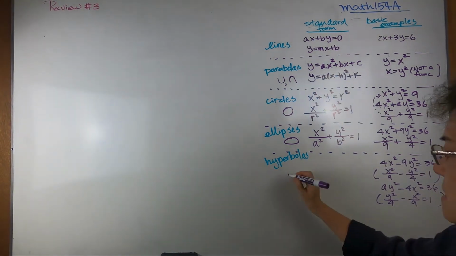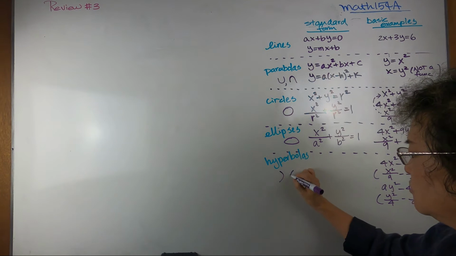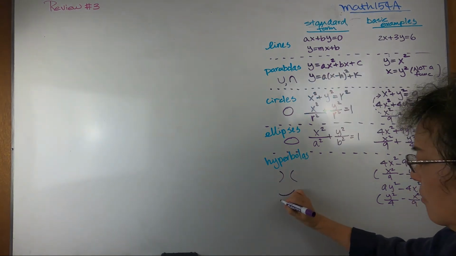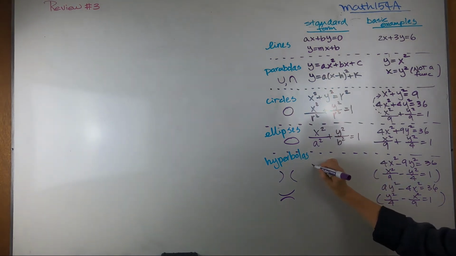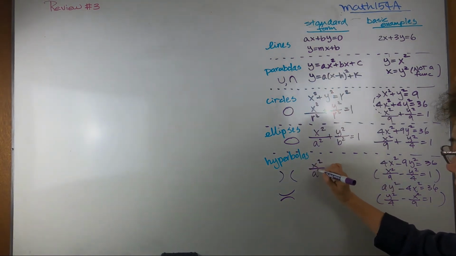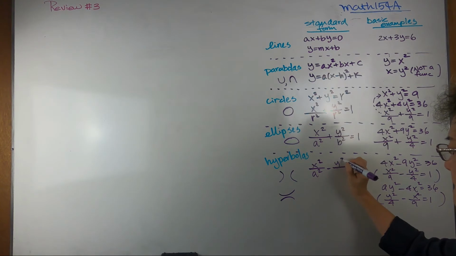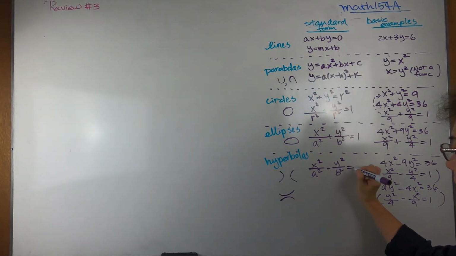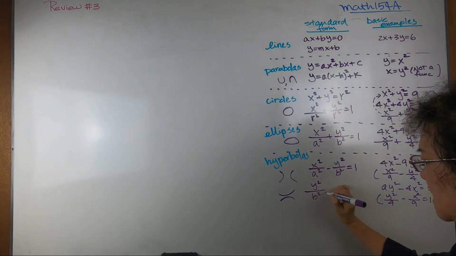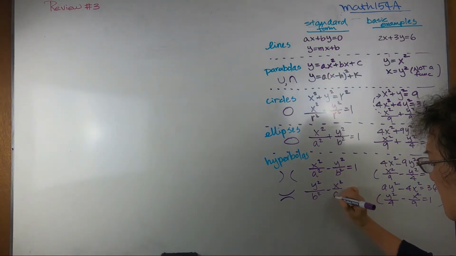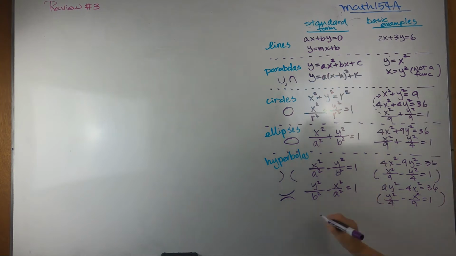What's the difference? For the hyperbolas, one is left and right, one is up and down, right? So if it's x squared over a squared minus y squared, with y negative, then it's left and right. If y squared is positive minus x squared, over a squared equals 1, that would be what? Up and down.